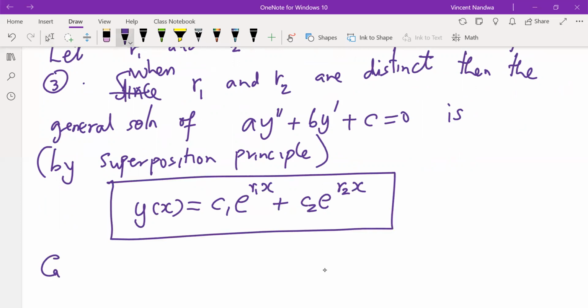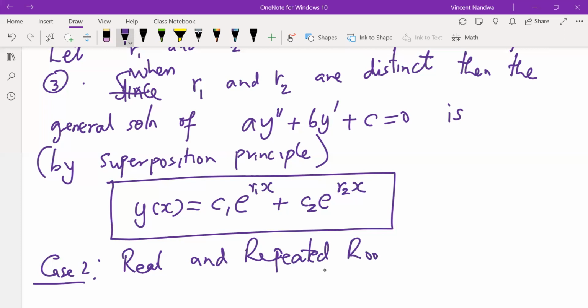Case 2, real and repeated roots. This is when the discriminant b squared minus 4ac equals 0.